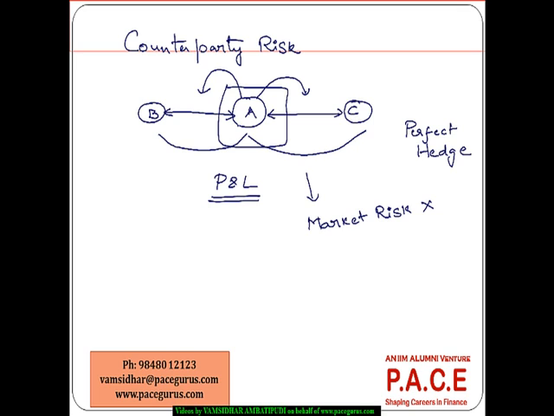But there is a possibility that if this party defaults, right? If this particular party defaults, then this would leave the exposure to the other side of the trade. Now this is where A will be suffering with respect to C. If B has defaulted, A is suffering with respect to C, because when will B default? If B is at a loss and A is at a gain, that is when B is going to default typically.